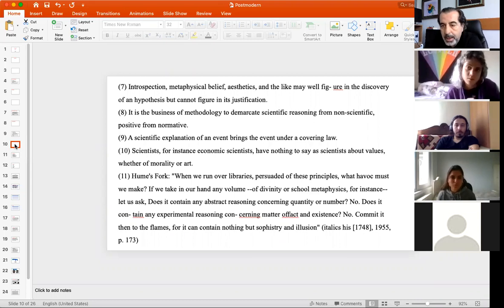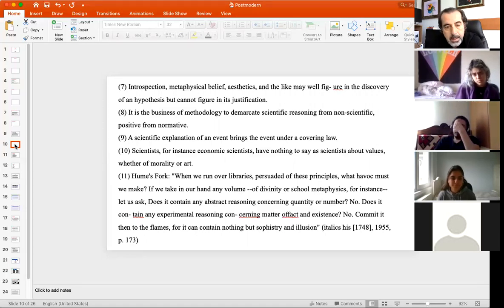Science is different from metaphysics or ideology. Facts are different from values. Economics is a positive science, not a normative one, etc. A scientific explanation of an event brings the event under a covering law. This is the famous covering law hypothesis. Scientists, like economists, have nothing to say as scientists about values, whether of morality or art. Positive economics. Hume's fork.